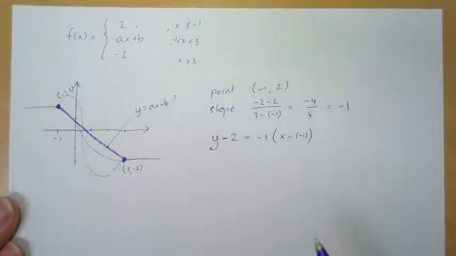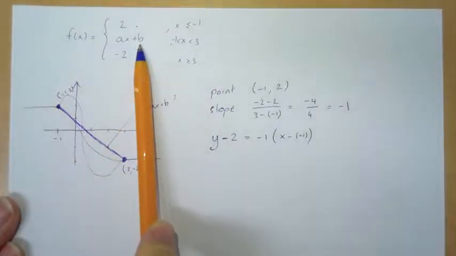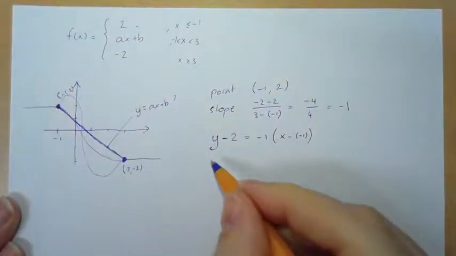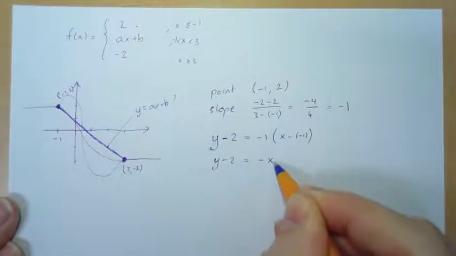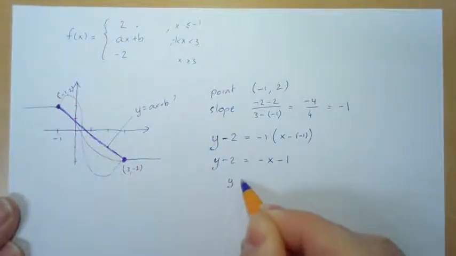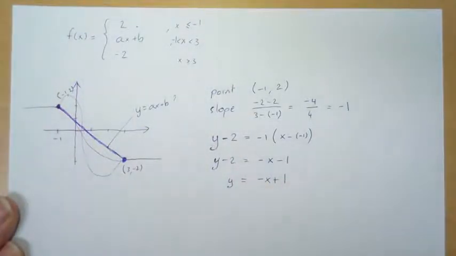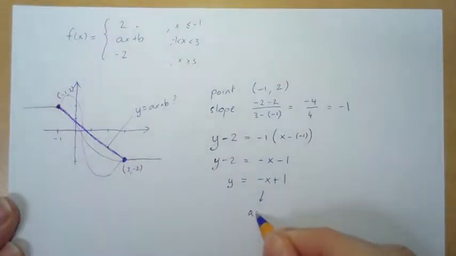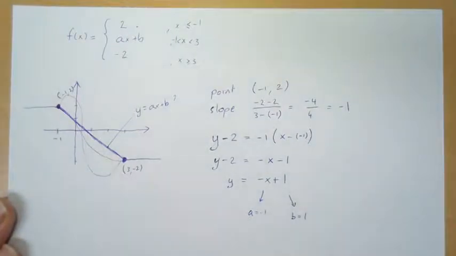Here, actually, we do need the slope-intercept form, ax plus b, so we have to do a little bit more work. This is minus x minus 1, and so y equals -x plus 1. Alright, so we found a is -1, and b is equal to 1. We're done.